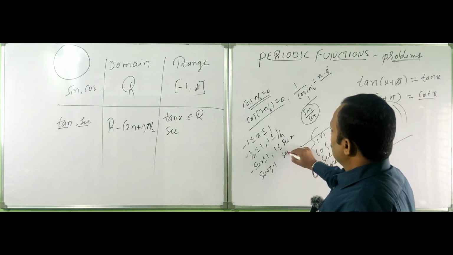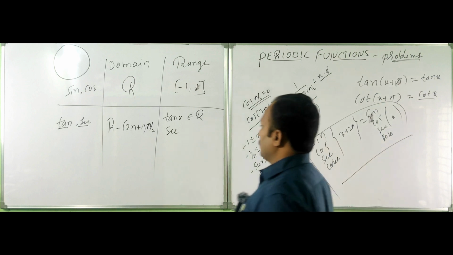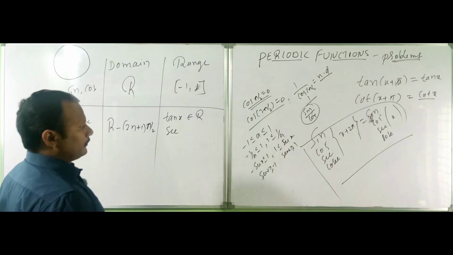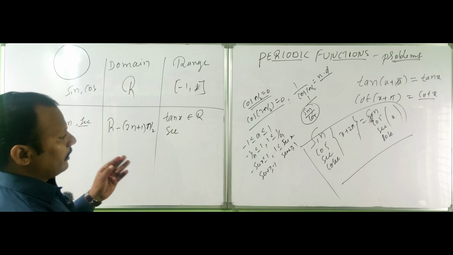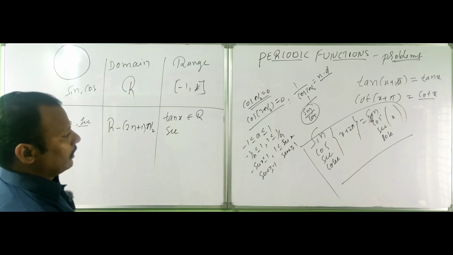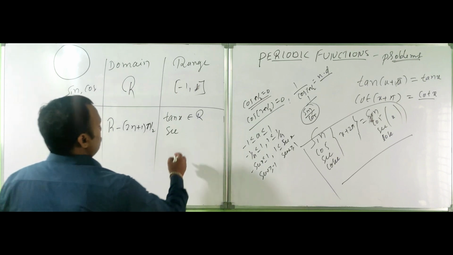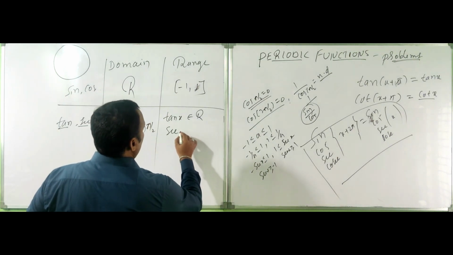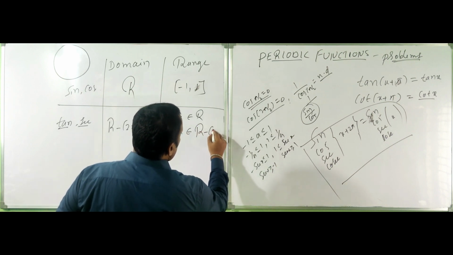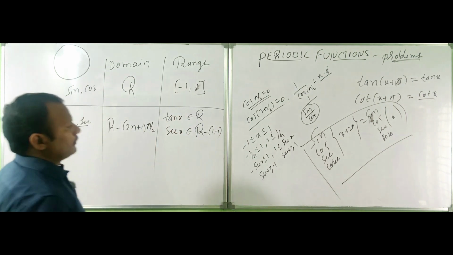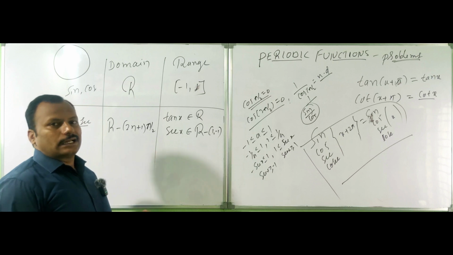So sec x is greater than or equal to 1, and sec x is less than or equal to -1. This you can write: sec x belongs to R minus (-1, 1), where the values 1 and -1 are included.